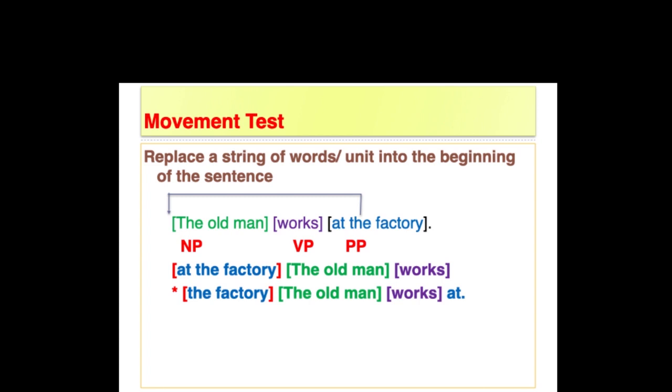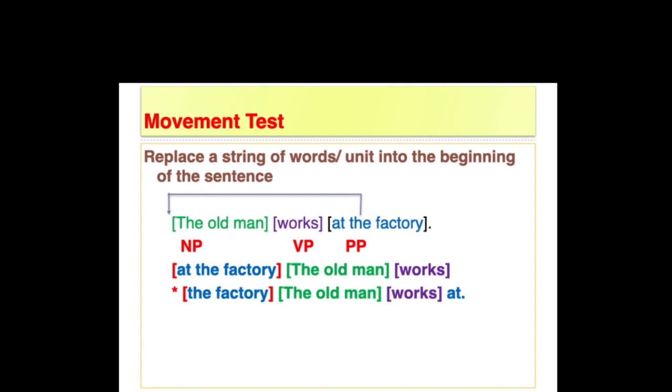Movement test. Move a string of words or unit to the beginning of the sentence. Now, this is another type of test which will show us if the sentence stays grammatical or not. Now, look at these constituents here. We have the first constituent, which is the NP, the old man, the second VP, works, and the third is PP, prepositional phrase, at the factory.